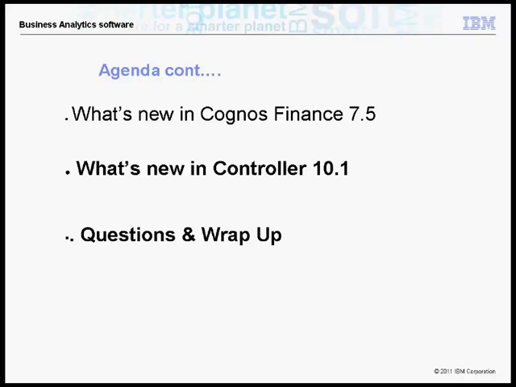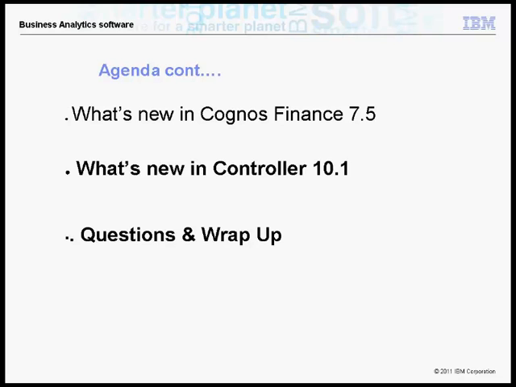I'll talk a little bit about Cognos Finance, the latest version, and then I'll pass it off to Paul Allen, who is the practice lead for North America for Controller. We're very lucky to have him today. He's probably one of the best people in the company when it comes to Controller.